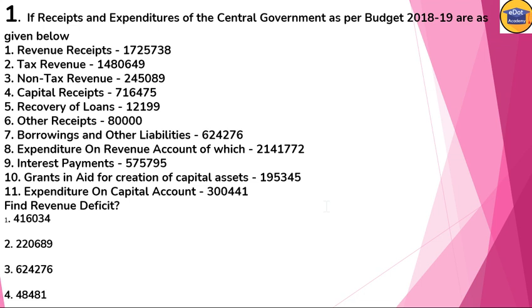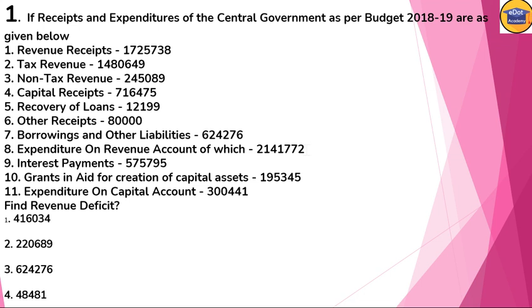So the formula of revenue deficit is always revenue expenditure minus revenue receipt, because we are calculating revenue deficit. So what is revenue expenditure here? Expenditure on revenue account, that means it is 21,41,772.